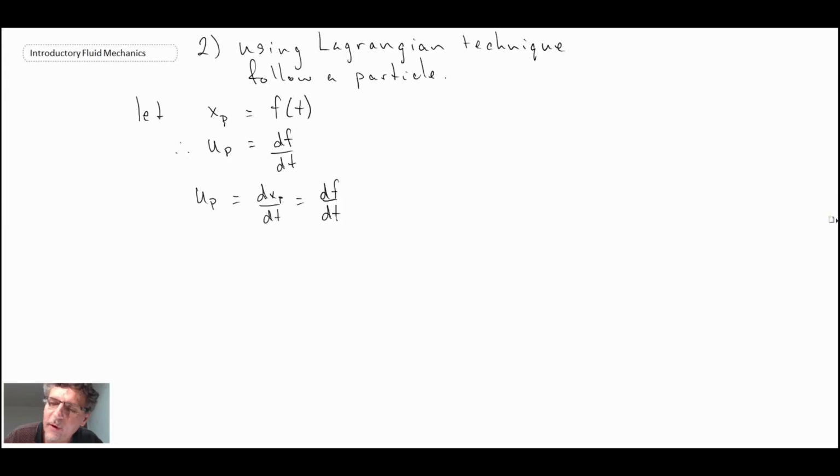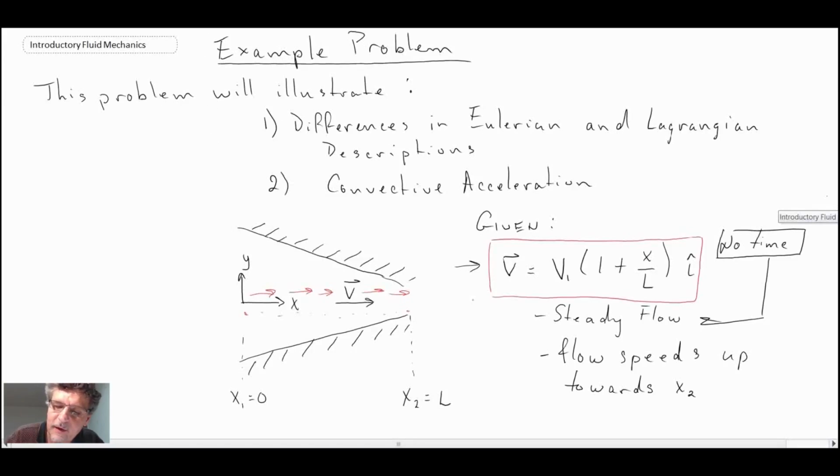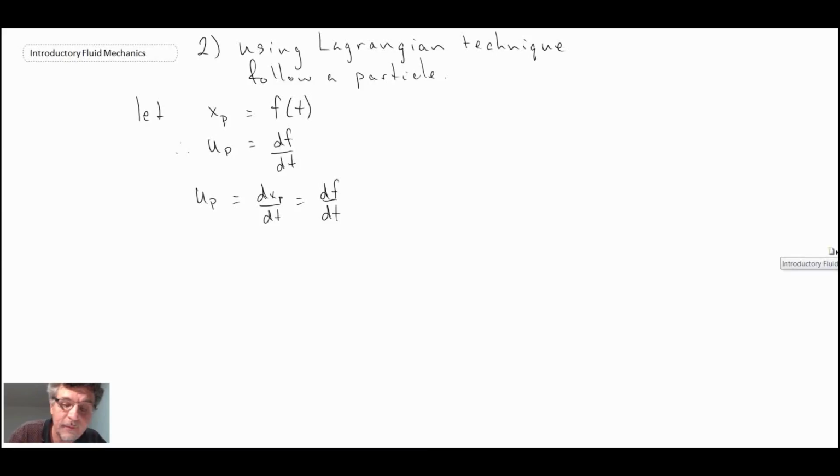Well, we know from the problem statement what the particle velocity is. It's given right here. So let's pull that into our expression. We then get v1 times (1 plus x over L) equals v1 times (1 plus f over L), where I've now made the substitution for x, inputting f, as we've denoted x as being little f.